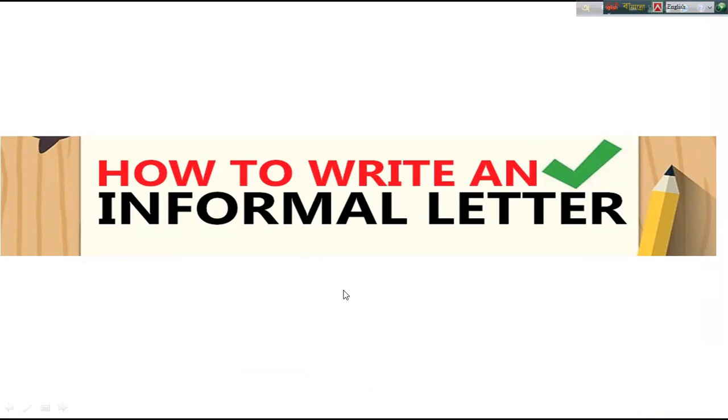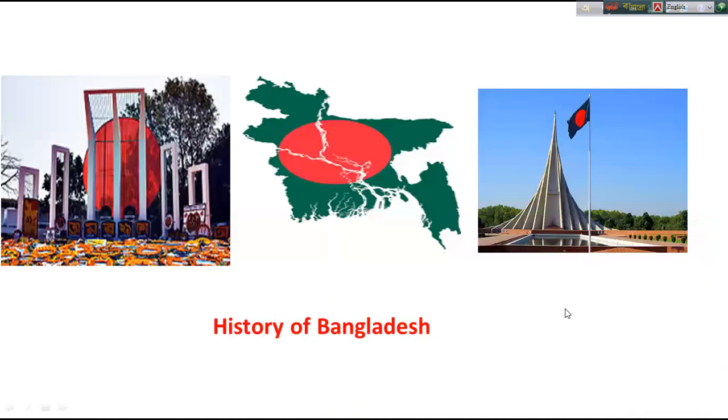Today, I'm sharing with you the process, the ways how we can write an informal letter properly. So look here, before writing a letter, you should gather information about that topic, that subject, what is required from you. So the subject was Bangladesh and its culture. Your friend wants to know about Bangladesh and the culture of Bangladesh from you.